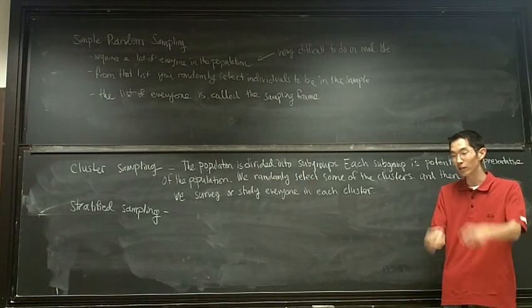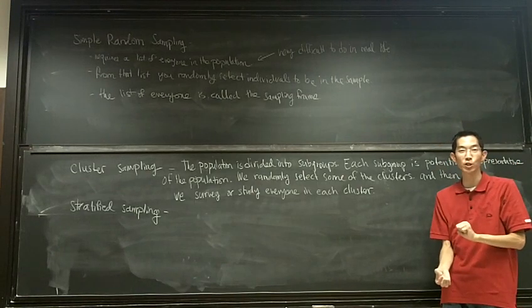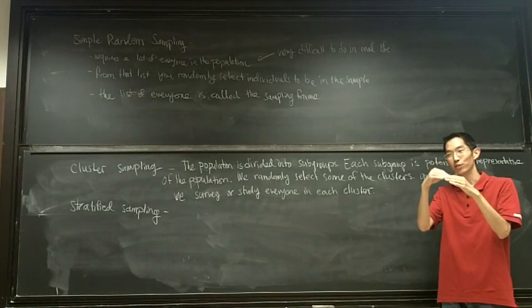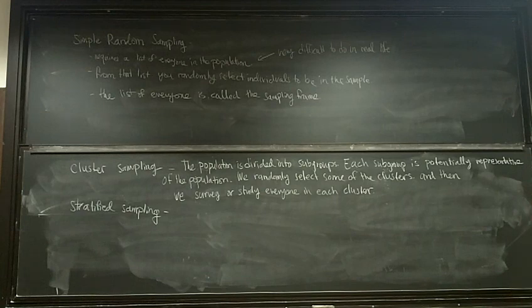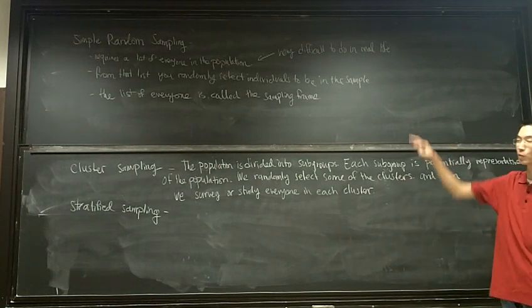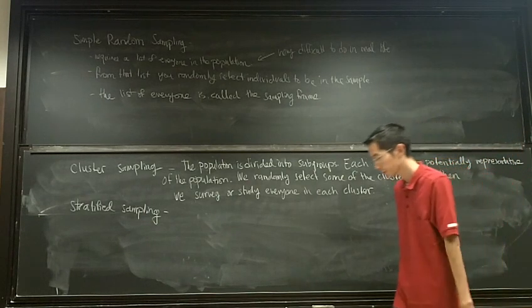And then once you get that list of churches, you randomly select some of the churches, and then you go to each church and try to survey everyone within the church, which would be easier to do. It's not going to be truly random. It's not going to be a simple random sample, but it's a decent approximation.